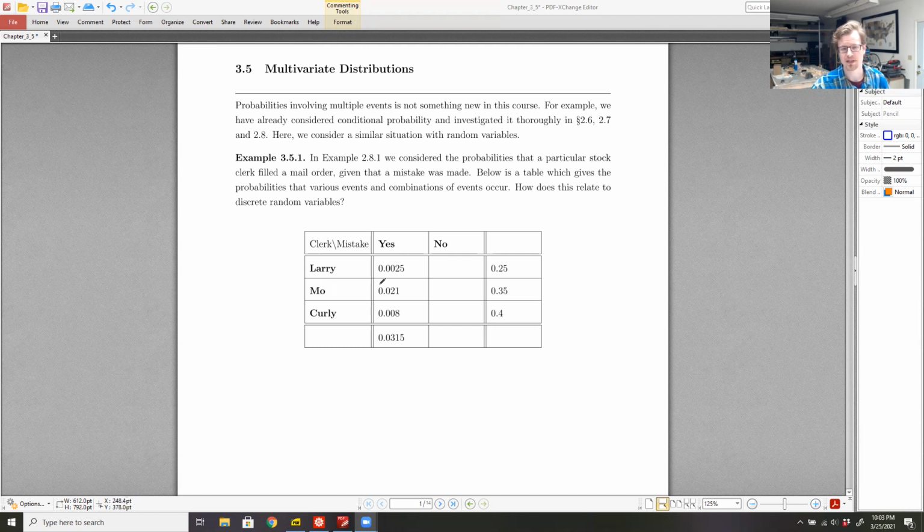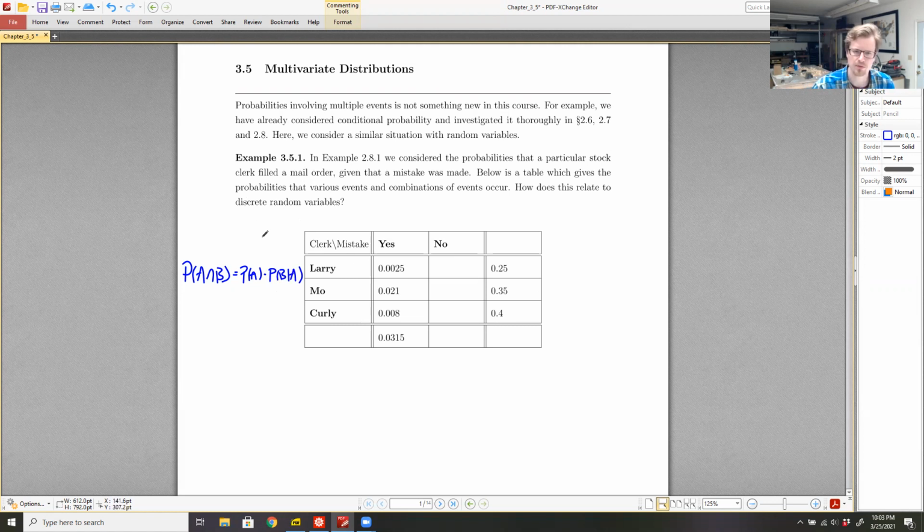This would be the probability that Moe filled the order and made a mistake, Curly filled the order and made a mistake. Again, those can all be found using the idea that the probability of A and B is equal to the probability of A times the probability of B given A.